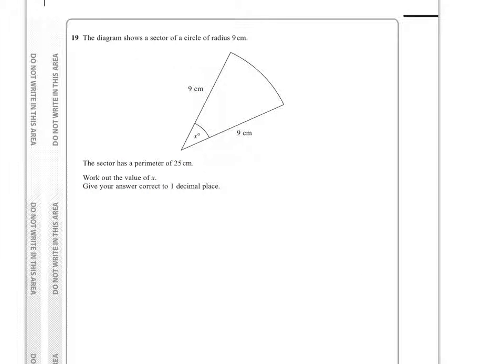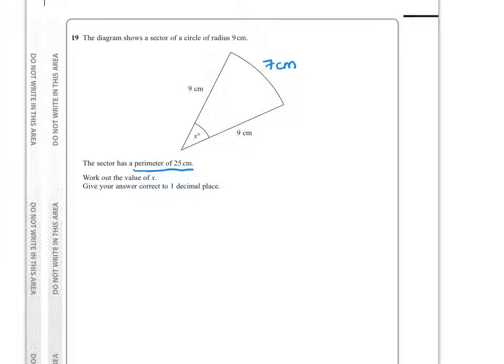Question 19. The diagram shows a sector of a circle of radius 9 centimetres. The sector has a perimeter, that's all the way round, of 25 centimetres. So we can realise that this is going to be 7 centimetres, isn't it? We want to work out the value of x, and that's in degrees.